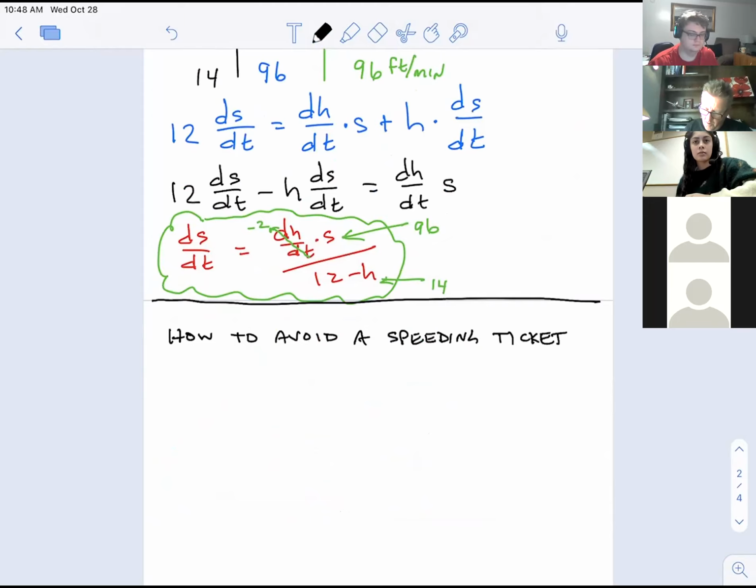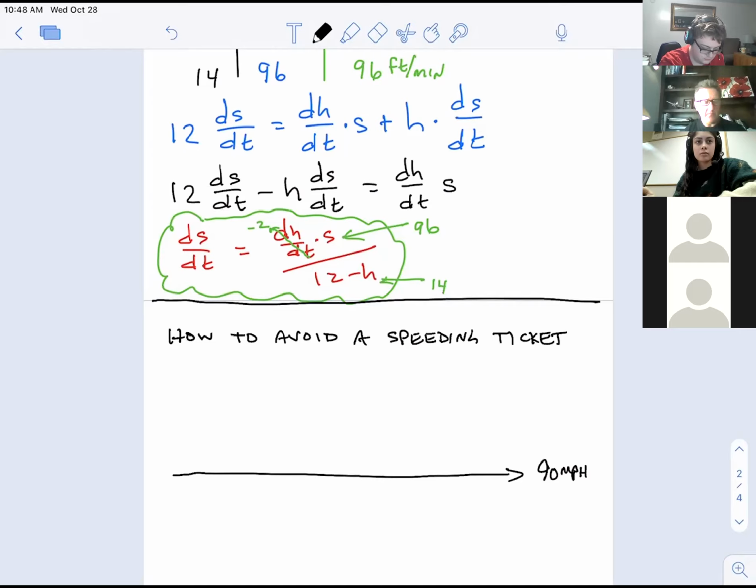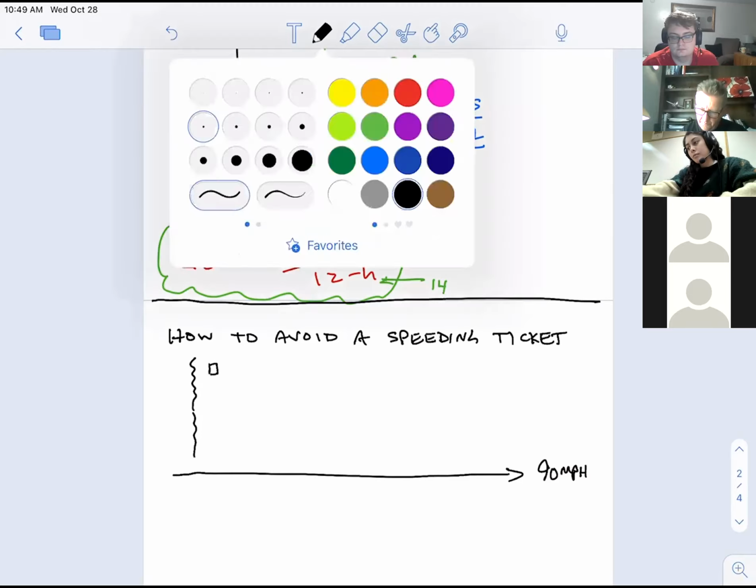So here you are, ripping down the road at 90 miles per hour. So you deserve a ticket. And as cops are wont to do, let's say the cop is sitting right here behind an overpass or a bunch of bushes, and he's checking speed with his radar gun.